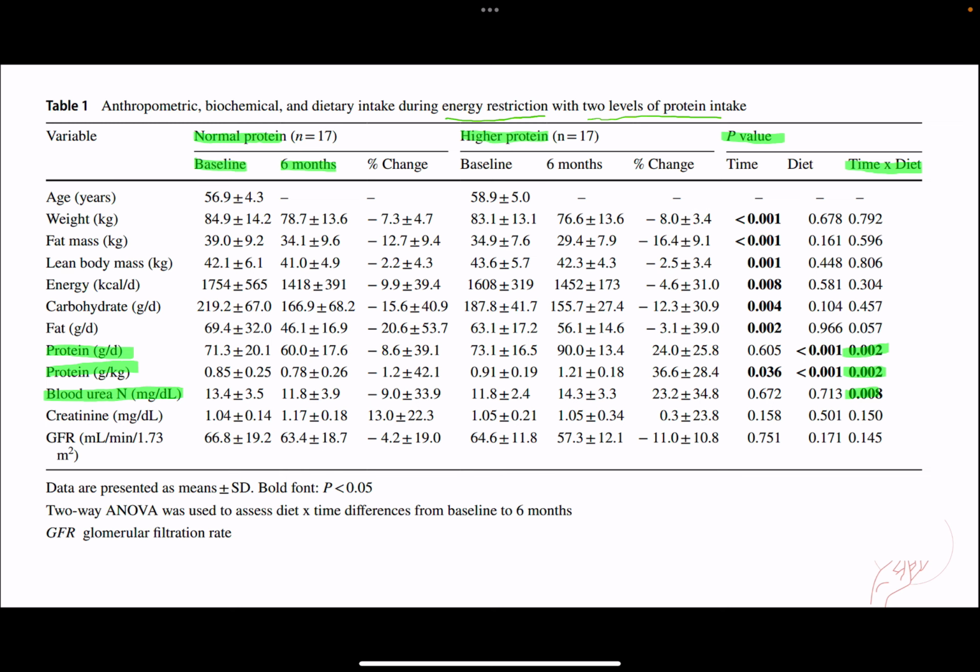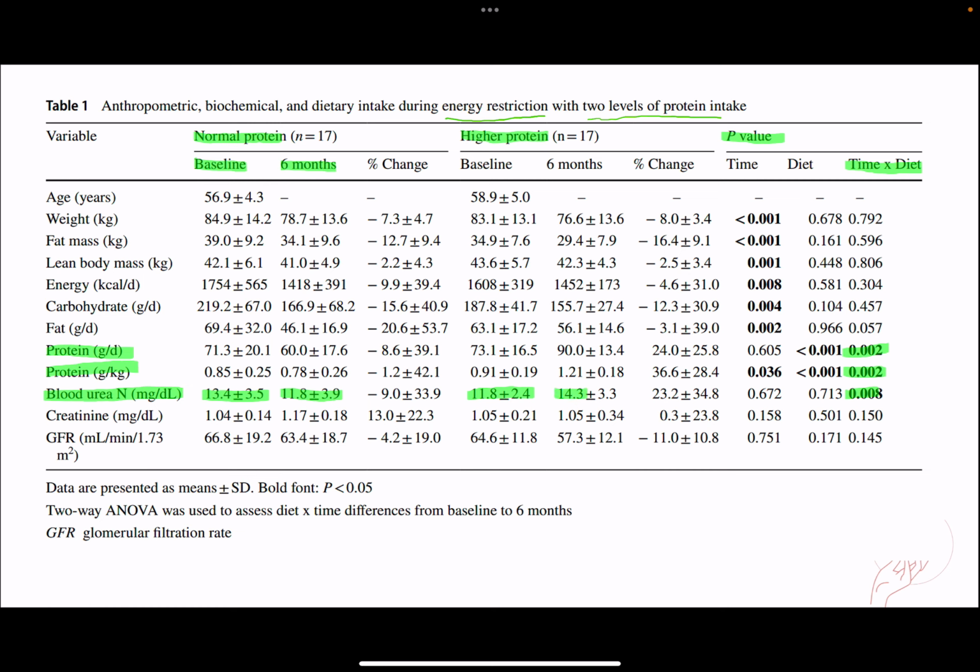But then we also see that blood urea nitrogen is different. So let's look at baseline then. Normal protein baseline, around 13. Higher protein baseline, slightly lower. But not a huge difference. At 6 months, though, we see that in the normal protein diet, we've seen a decrease in blood urea nitrogen.